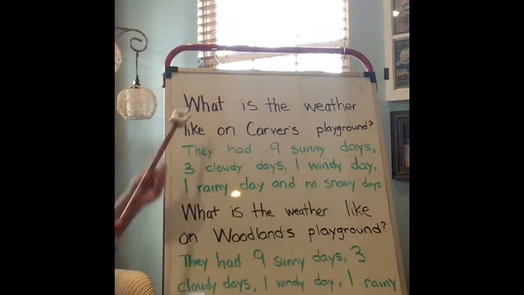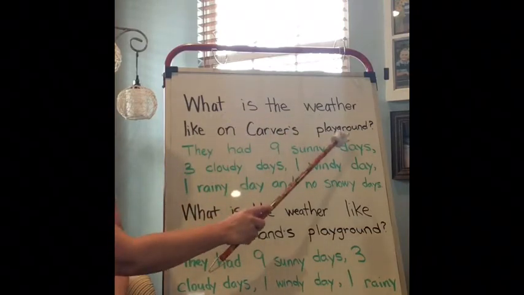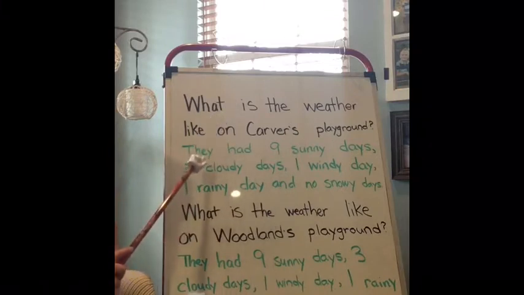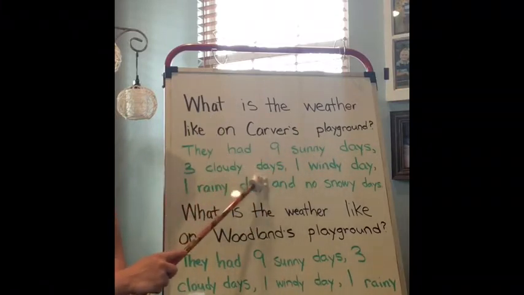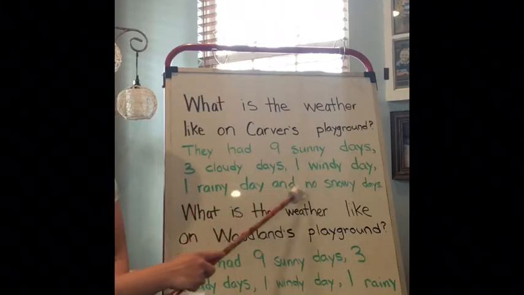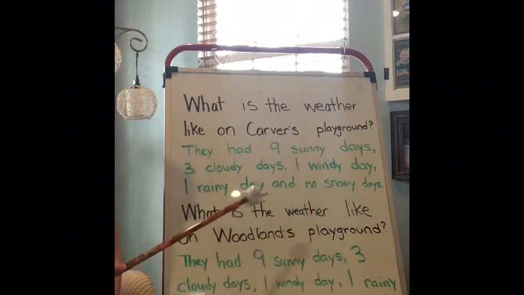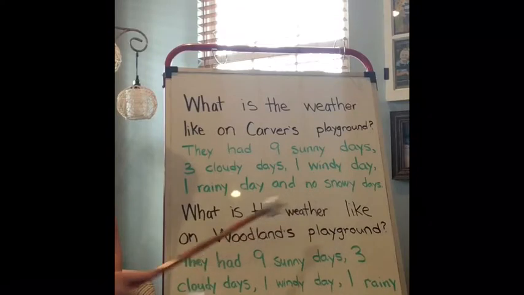The first question says, what is the weather like on Carver's playground? And so this is what a lot of you said. They had 9 sunny days, 3 cloudy days, 1 windy day, 1 rainy day, and no snowy days. What is the weather like on Woodland's playground?